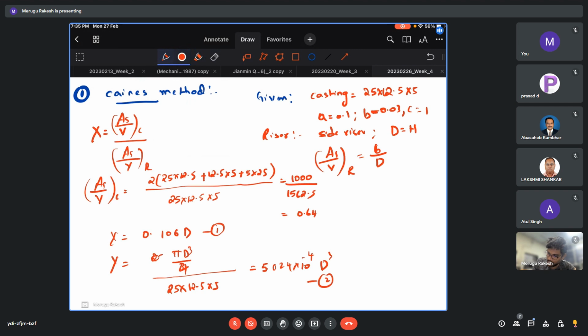So this is equation 2. So from 1 and 2, if you substitute in this formula, that is X is equal to A by (Y minus B) plus C, and if you do the trial and error method, you will get this value of the dimension, that is nothing but D. So this is the Keynes, in short, Keynes method.